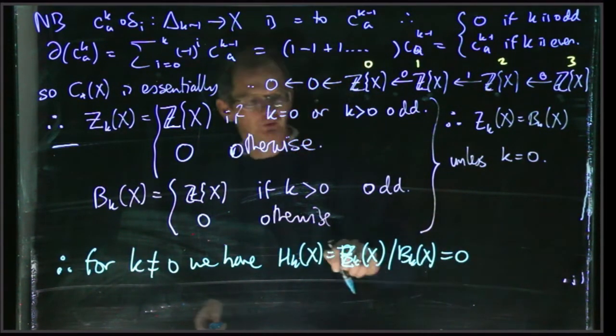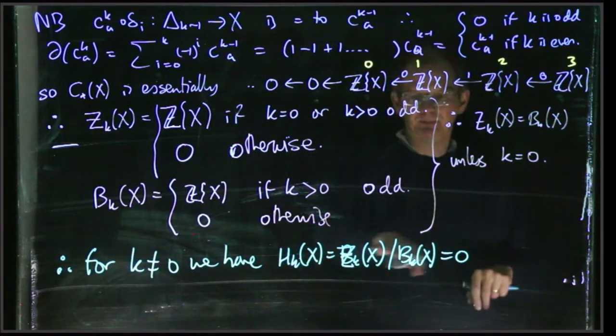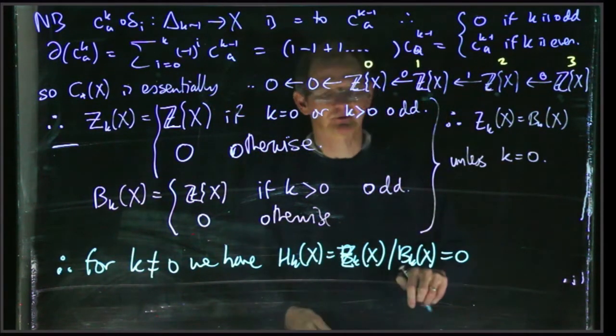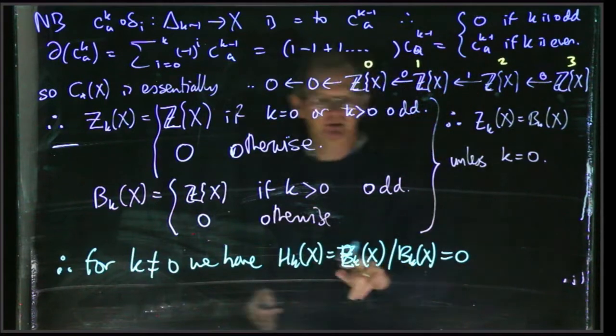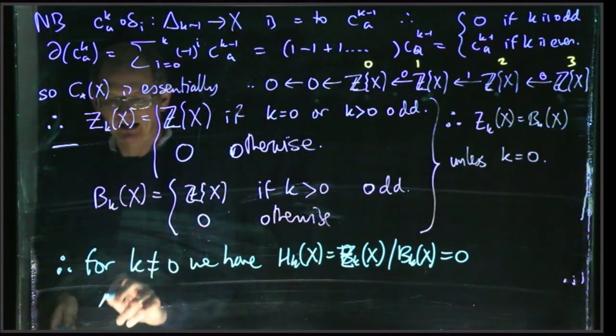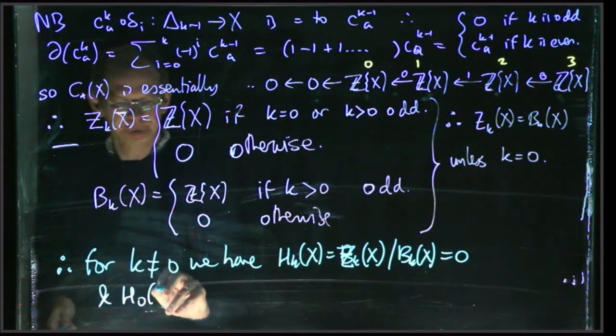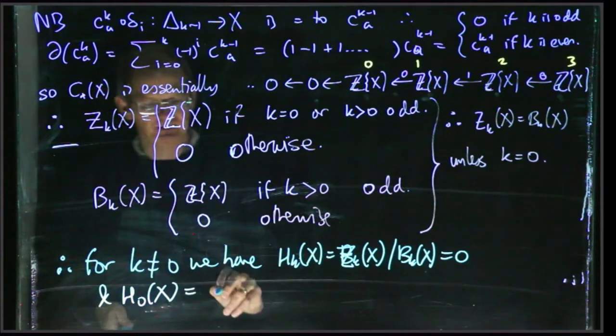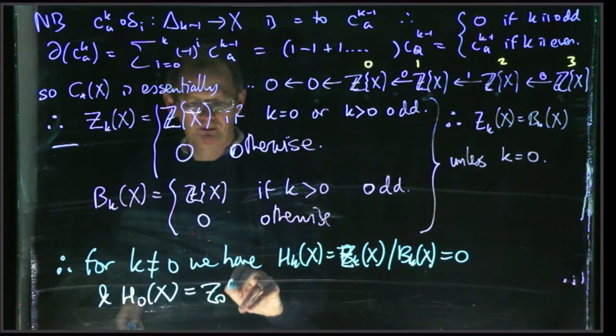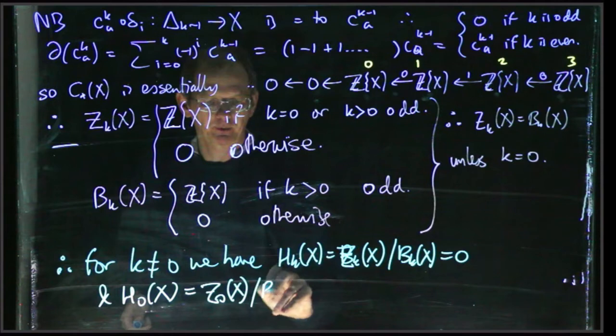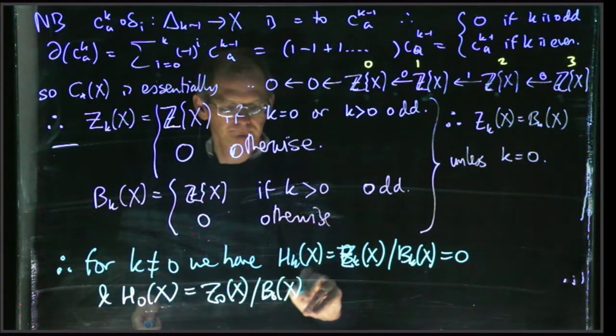Okay, so here you've got a group Z_k(X) mod B_k(X), but Z_k and B_k are the same, so the quotient group is just trivial. And your H_0(X), that's Z_0(X) mod B_0(X).